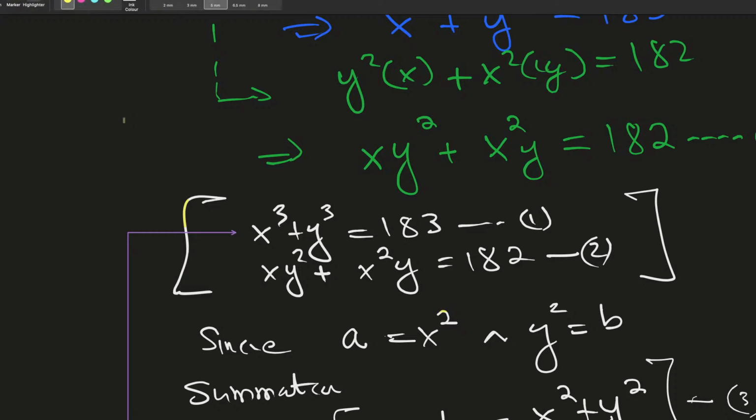Now let's look at this expression, as I'm highlighting it.